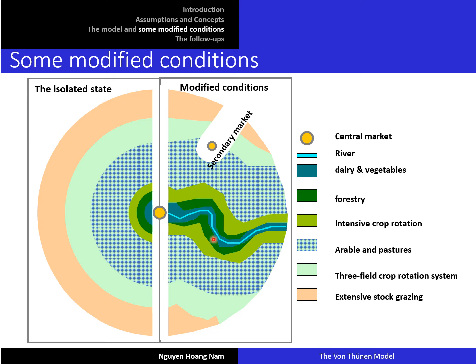This is the case where we have a river that flows through the city center, and because the river would reduce the transport cost, one farmer who stays here, for example, can choose to go straight to the river and then take the river to the city center.